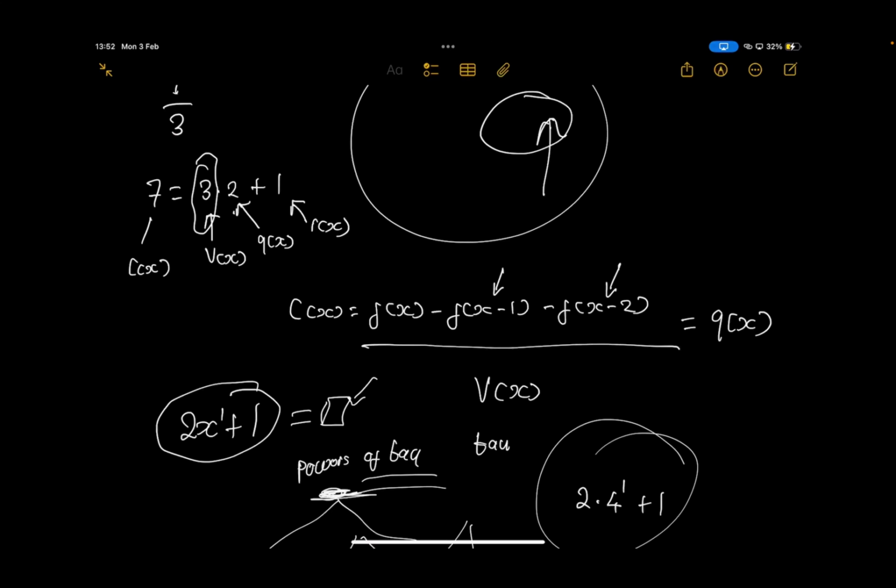So you need a univariate polynomial to be evaluatable at another univariate polynomial. That's the only way you'll be able to get the polynomial for f of x minus 1 and the one for f of x minus 2. So you now have 3 different polynomials, and then you can subtract them. That's when you'll be able to get the polynomial for c of x itself.